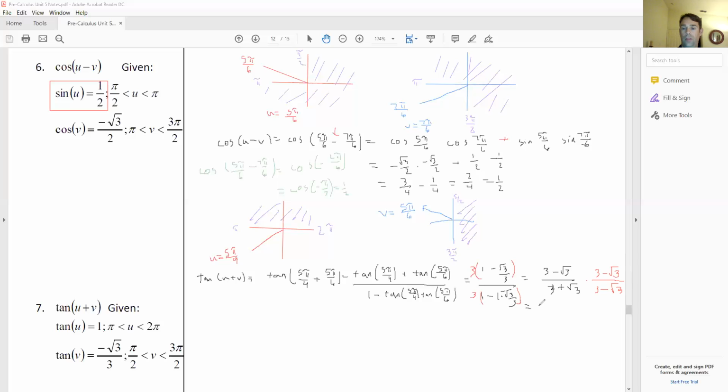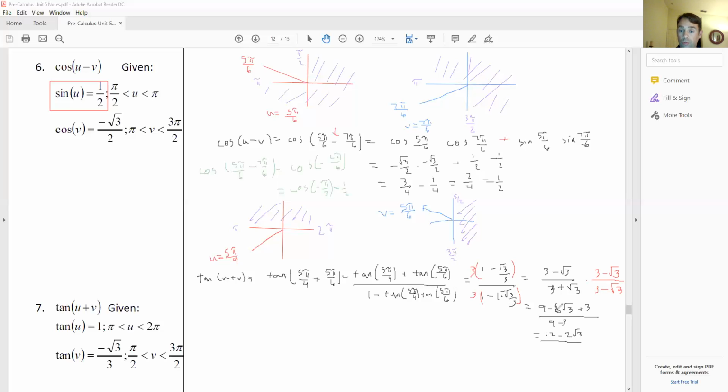So we end up with 9 minus 2 root 3 plus 3 all over 9 minus 3. So 12 minus 2 root 3 all over... oops, I should have had a 6 root 3 in front of that.